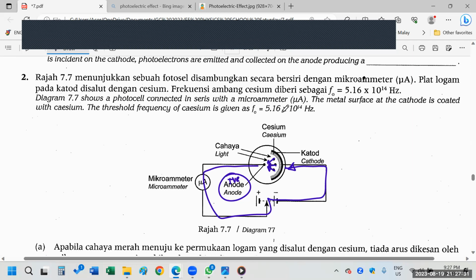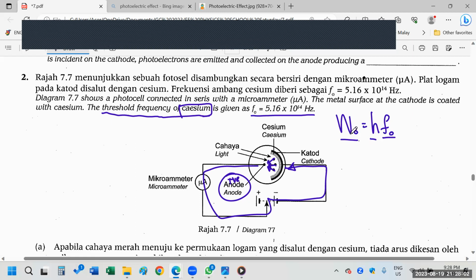They gave this: the threshold frequency of cesium is this. Means what? Work function of cesium. Cesium is a kind of radioactive metal. Work function equals h times threshold frequency, the minimum energy that needs to be absorbed to break the bond of the electron.